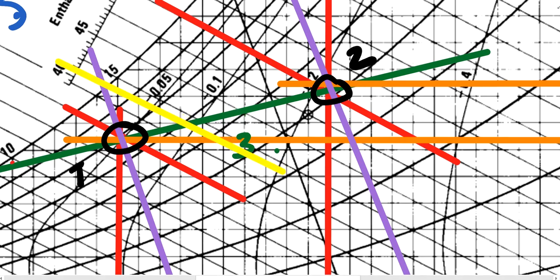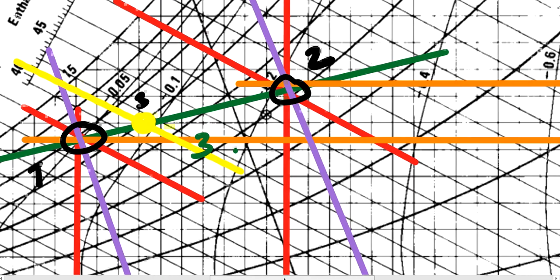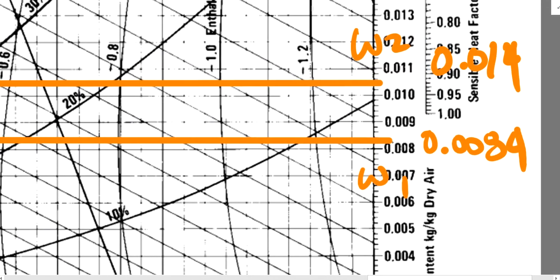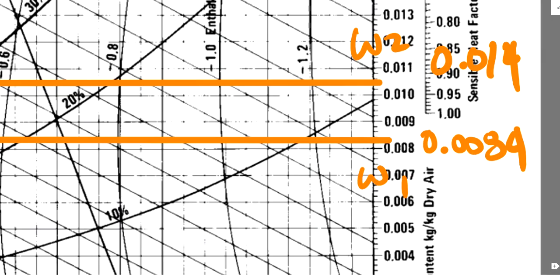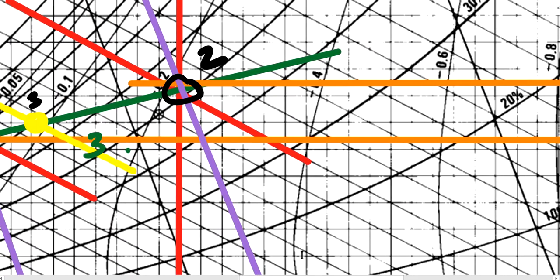So the point will be somewhere here, right? This is 0.3, and for the humidity ratio it must be in between. We have 0.01, so it's close to this.